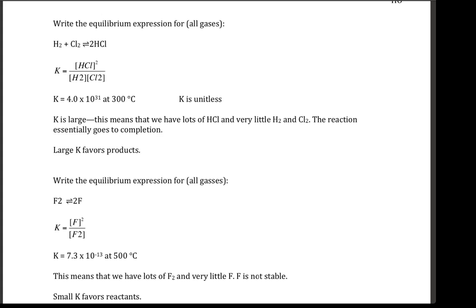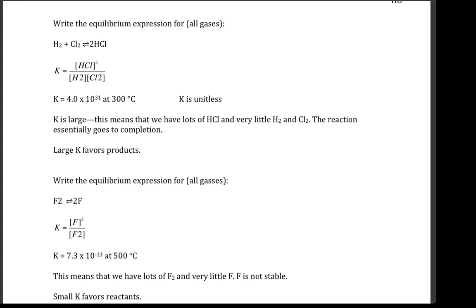K equals, it turns out, I looked it up, 4.0 times 10 to the 31st at 300 degrees Celsius. By the way, K is unitless. Whether it is coming out that way or not, we always give it as a unitless quantity, simply a number.